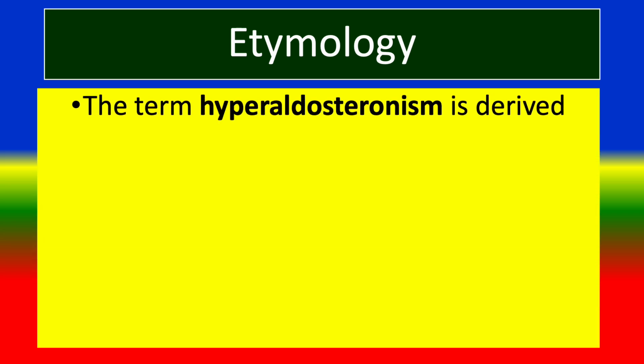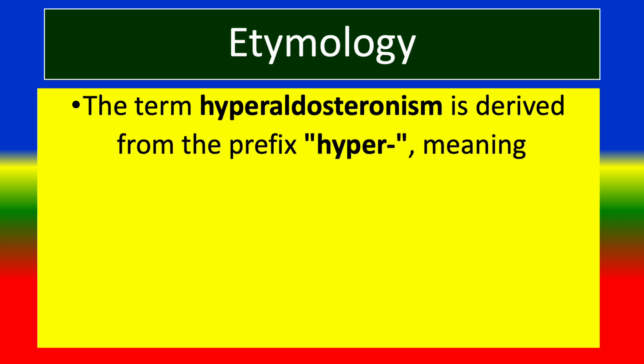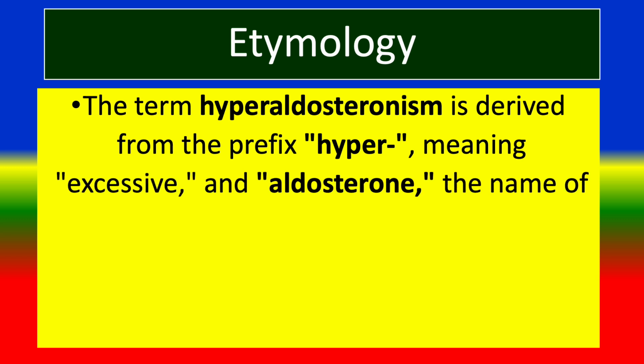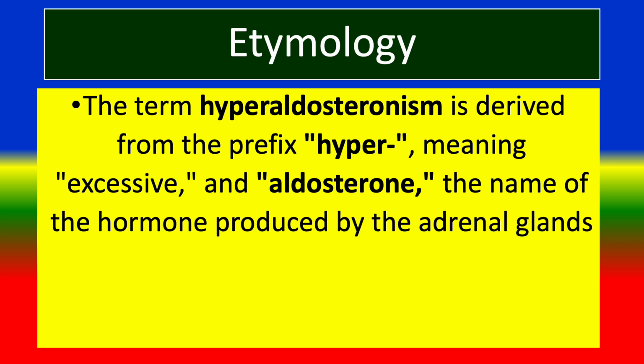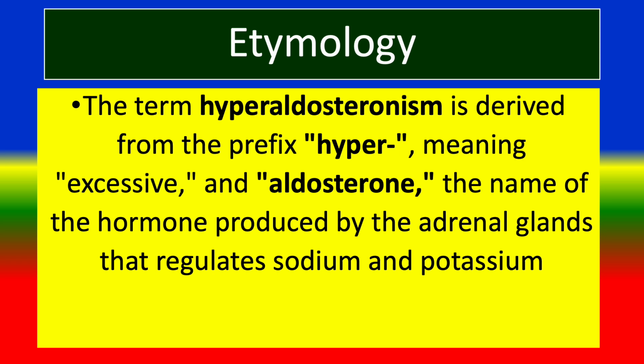Etymology. The term hyperaldosteronism is derived from the prefix hyper, meaning excessive, and aldosterone, the name of the hormone produced by the adrenal glands that regulates sodium and potassium balance.